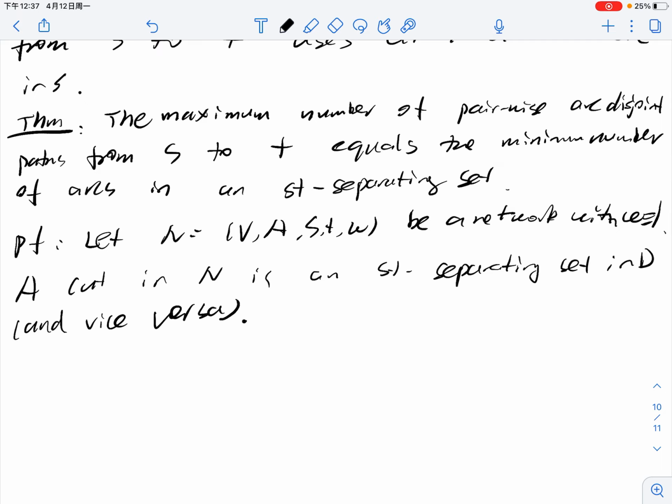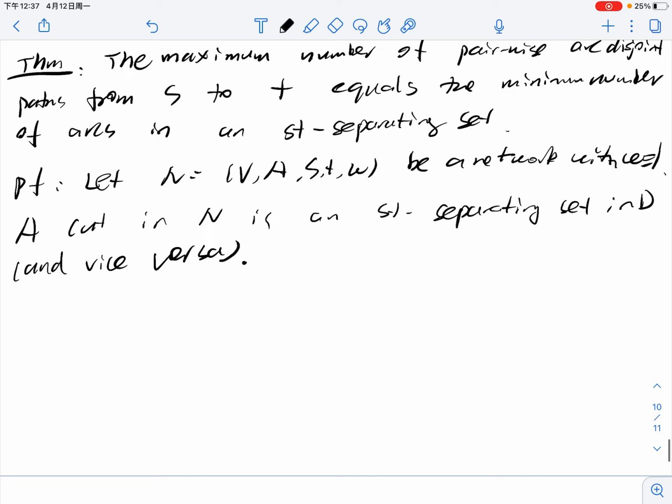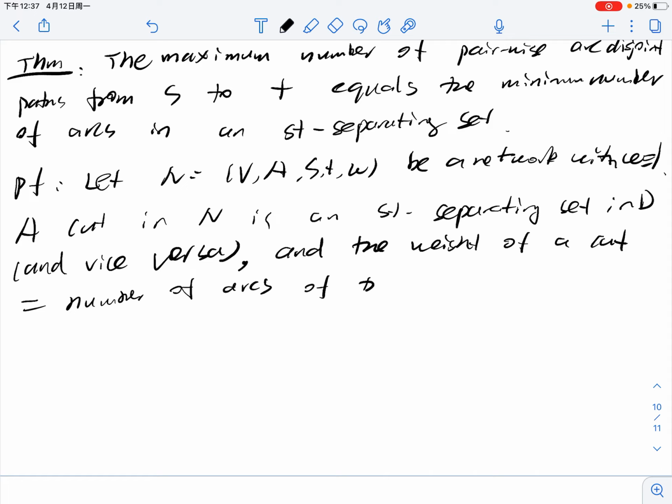Okay, then we just have the previous theorem, and also recall that the weight of a cut equals the number of arcs of the cut.